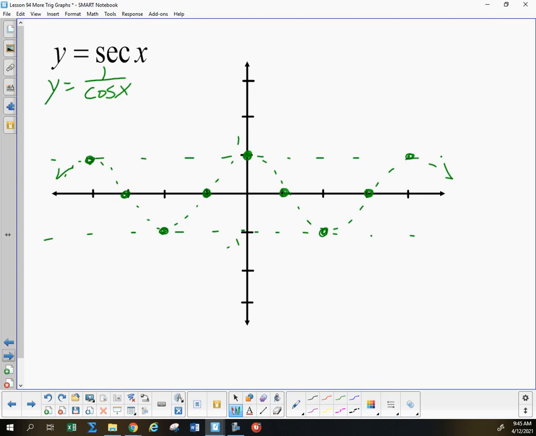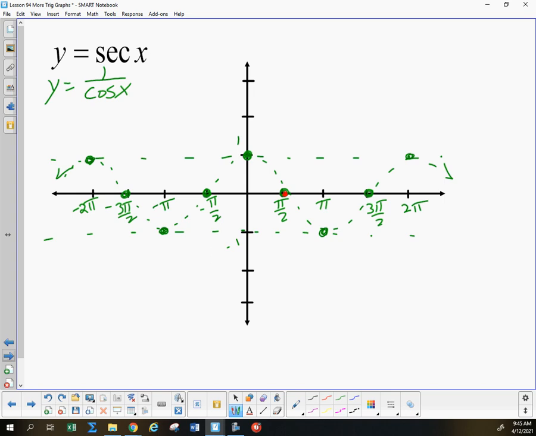And this time I think I'll do radians, just because we did the last one with degrees. So pi over 2, pi, 3 pi over 2, and 2 pi. And minus pi over 2, minus pi, minus 3 pi over 2, and minus 2 pi. And once again, I look for any place that it touches or crosses the x-axis.